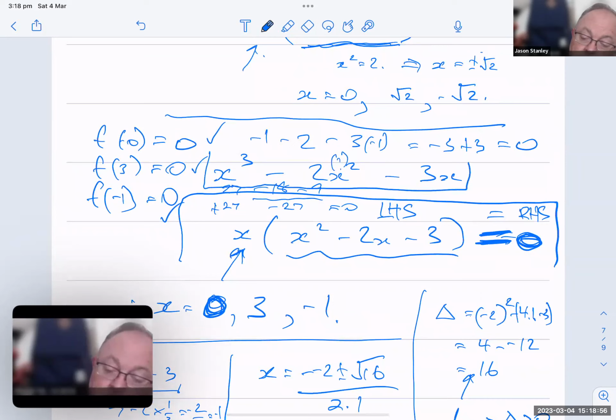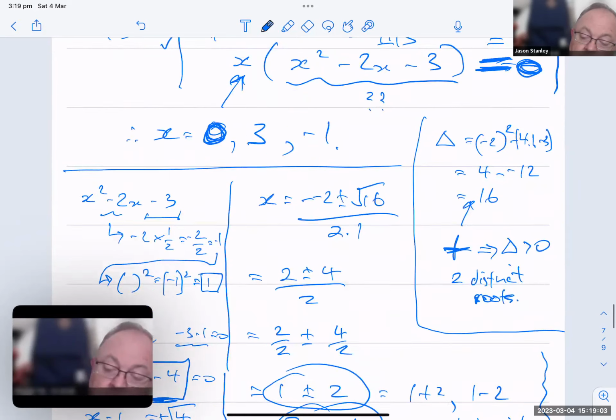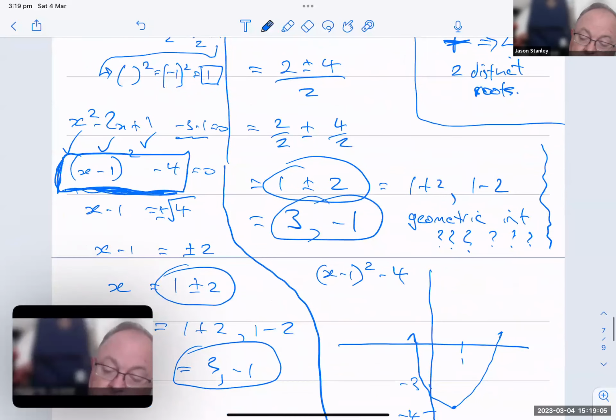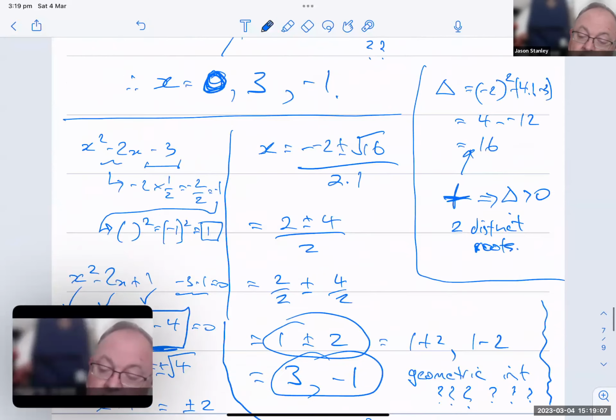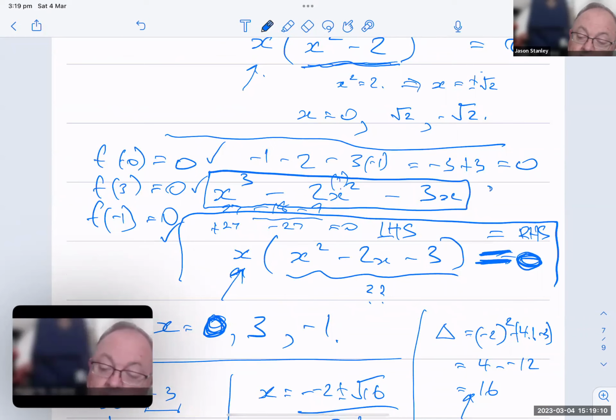Okay? So if your question is, what does the geometry of that one look like? Completing the square will give it. Just those factors. However, what is this geometric interpretation?